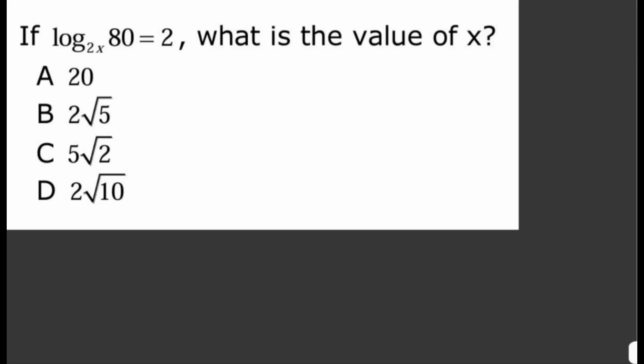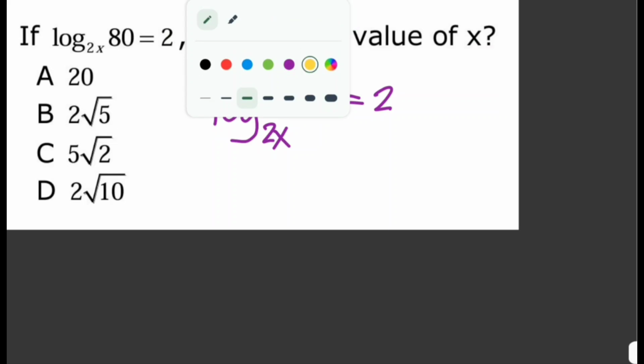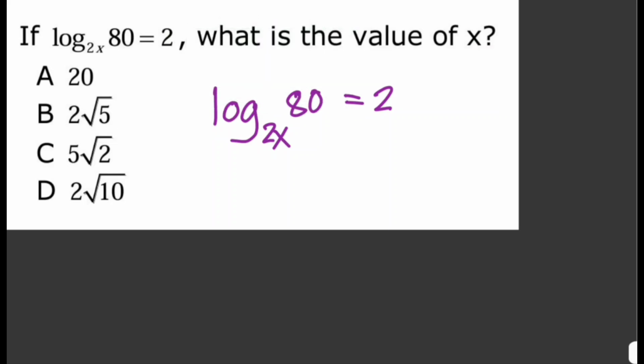If logarithm of 80 to the base 2x equals 2, what is the value of x? So we're given this logarithmic equation here. Logarithm of 80 to the base 2x equals 2. And then we need to solve for the value of x. Now to solve for x here, we can rewrite this logarithmic equation in its exponential form.